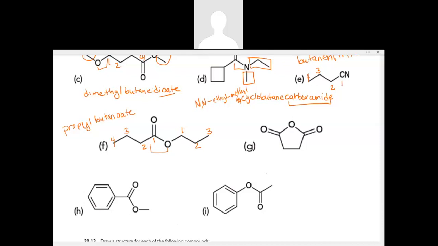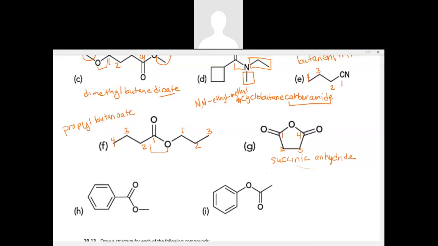This is going to be an anhydride, and if you recall, succinic acid was a dicarboxylic acid where we had 4 carbons. So we have this anhydride of succinic acid, so for a common name, we could call this succinic anhydride.